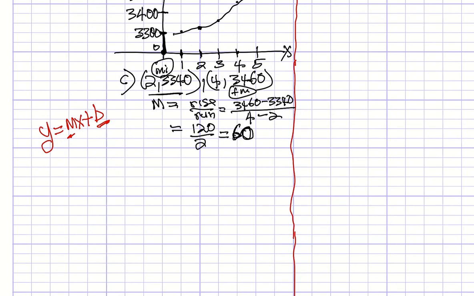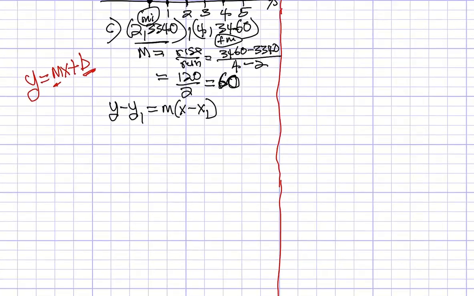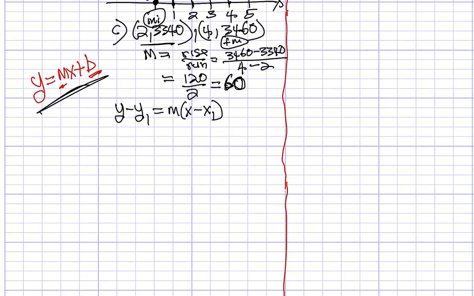Remember this equation: y minus y1 equals slope times x minus x1. We did it a lot because that's the only way we can do it. Then we'll simplify and put it in slope intercept form. That's what they said: give the equation in that form. But it's okay, we can put it in that form after we solve.